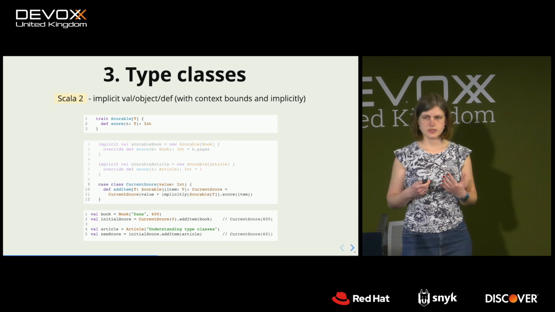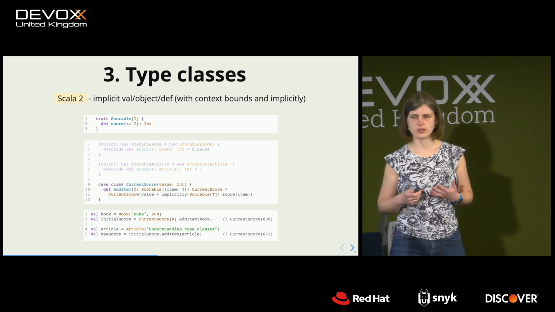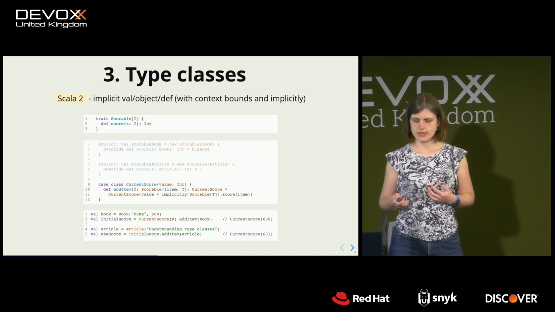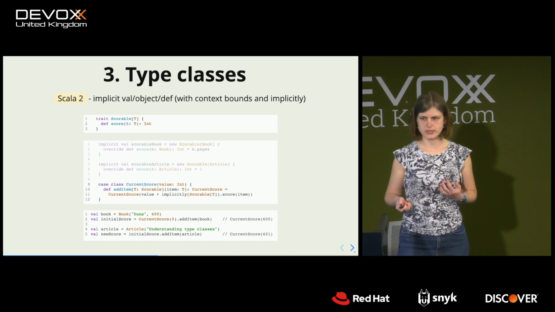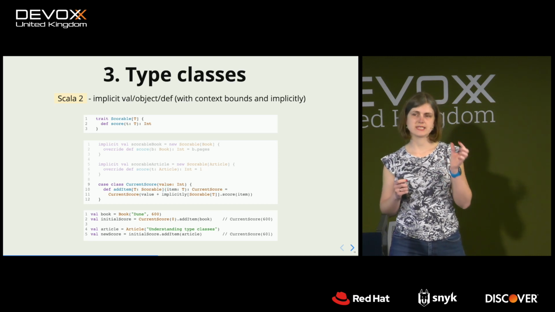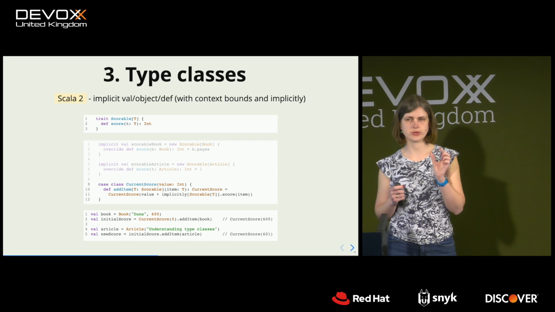And the way we use it is, let's say we have this current score case class. And what it does, it has the add item method, which is parameterized by the T type, which is any T that implements the scorable behavior.